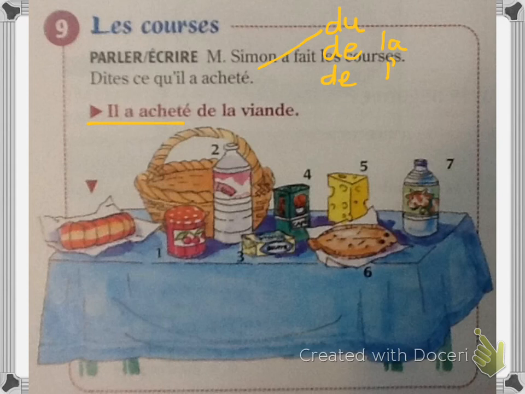Il a acheté du café. 5, cheese. Il a acheté du fromage. 6, fish. Il a acheté du poisson. 7 is milk. Il a acheté du lait.